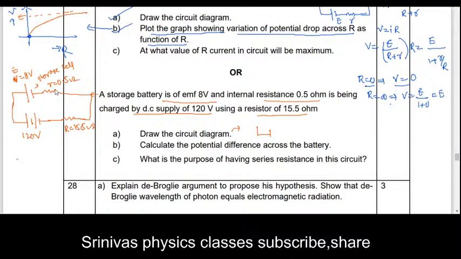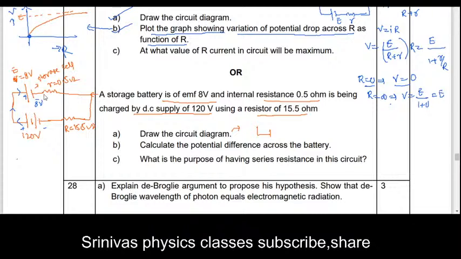You see here, the current starts from here and also from here. Positives are connected to positives and negatives to negatives. Very important: current starts from here but it is only 8 volts, while this is 120 volts. Its domination is more, which is why the current direction is this one. Current enters the first cell rather than leaving it. Current entering the 8 volt cell means the 8 volt cell is charging.